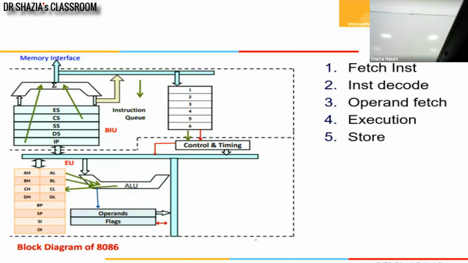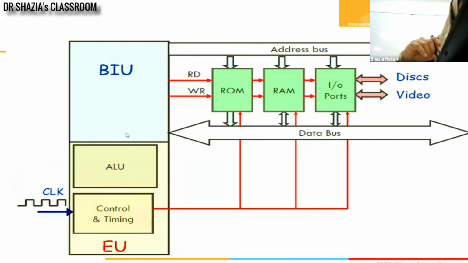In the previous slide, I have shown that BIU is responsible for generating the address, which will be given to the address bus. After reaching that specific address, it may be your IO device, input device, or memory. After reaching that particular address, we look into the control signal, whether we are going to do a read or write operation.